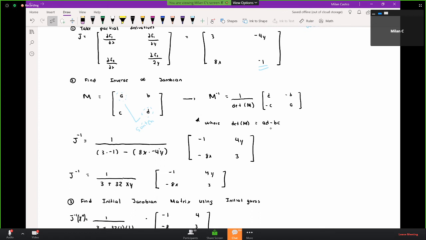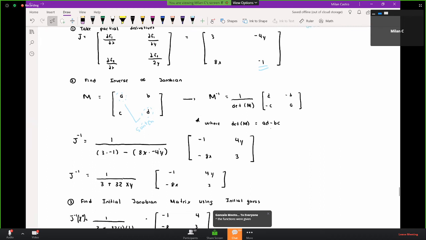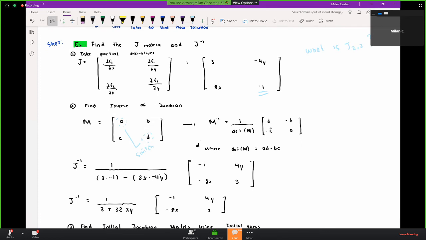So in order to find the inverse Jacobian, we are plugging in our values. So here we have 1 divided by 3 times -1 of our original Jacobian matrix, minus 8x times -4y, times, and this is where we have our new Jacobian matrix already emerging, -1, 4y, -8x, and 3.